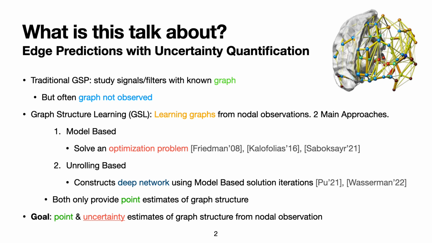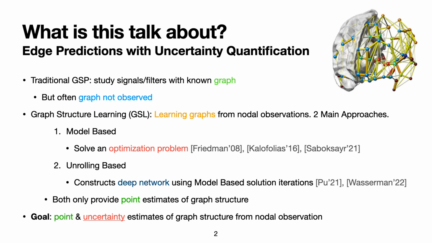So what does this talk about? We want to make edge predictions with uncertainty quantification. Whereas in traditional GSP, we study signals defined on, or filters constructed with, some known graph, often the graph is not observed. Graph structure learning attempts to learn graphs from the nodal observations, and there are two main approaches.